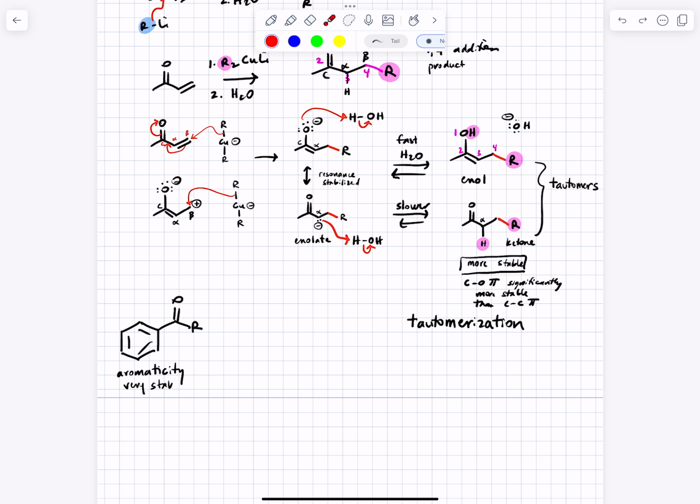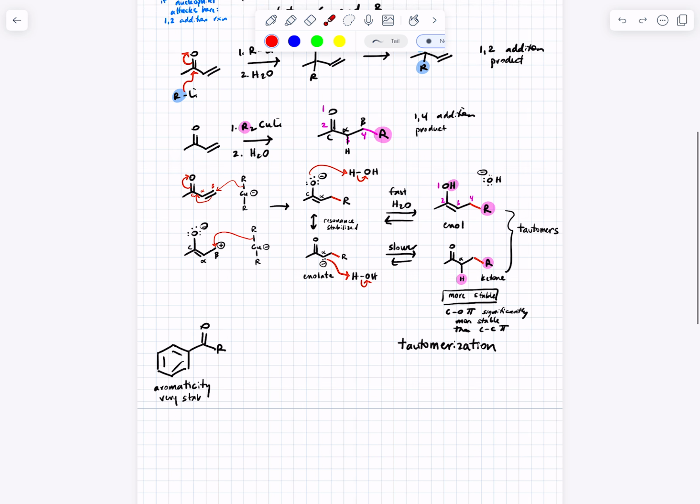If we did this kind of reaction to a benzene ring, we would lose one of the pi bonds of the ring. That would destroy aromaticity for reasons that are not obvious to you now, but will be someday soon. And that's really unstable. So benzene rings are not reactive as acceptors of cuprates in these kinds of reactions. All right, that's sort of a minor point, but I thought I'd address it real quickly.